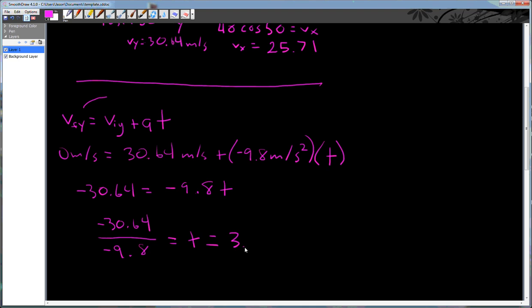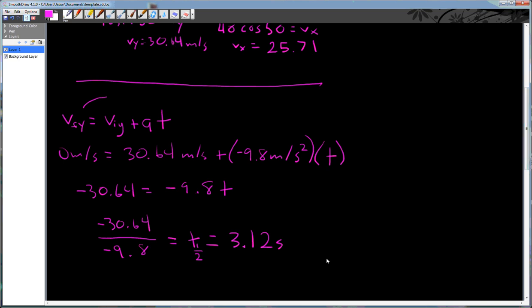So it takes 3.12 seconds for this initial velocity of 30.64 meters per second to drop to 0, because for every second it travels, it's being decelerated by 9.8 meters per second, meters per second per second. So this is our t half, because the vertical velocity is 0 at its peak.